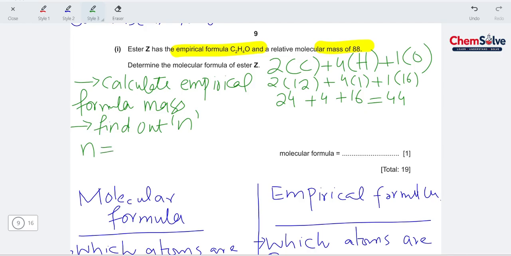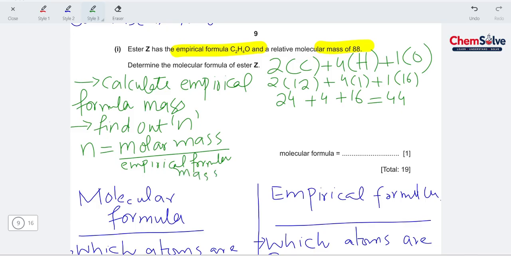N is equal to molar mass over empirical formula mass. So in my case, molar mass is 88 and empirical formula mass is 44. So N would be 2 here. This is step 1 and this is the calculation of step 1. This is step 2 and this is the calculation of step 2.